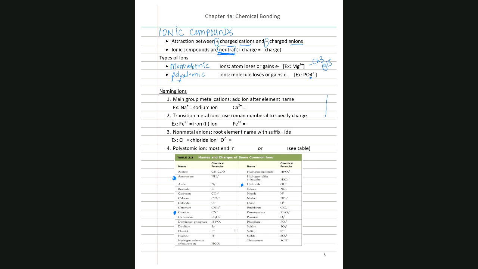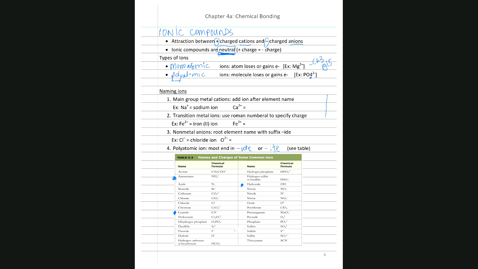You need to know that those names are names of polyatomic ions, not monoatomic ions. The others are pretty straightforward, or they have a naming pattern. A lot of them end in "ate" or "ite." And some of these I just noticed are not polyatomic ions. So there's some non-polyatomic ions on this table.